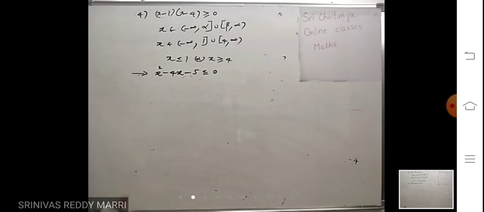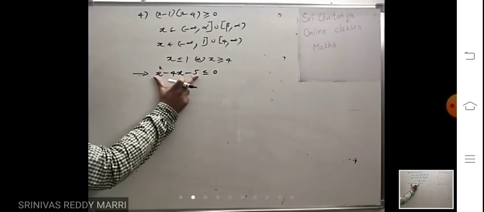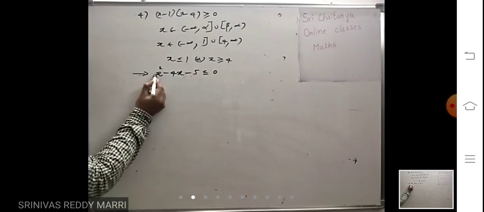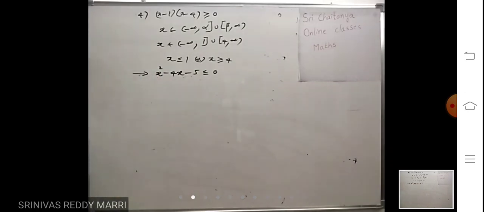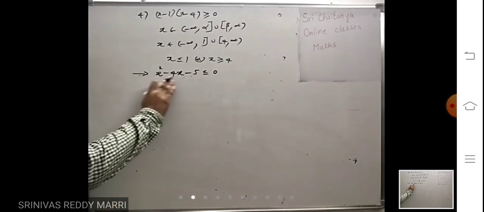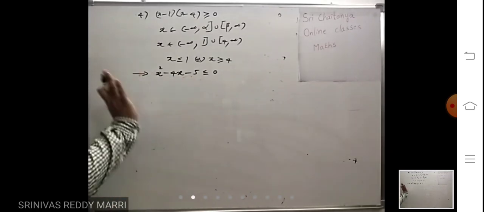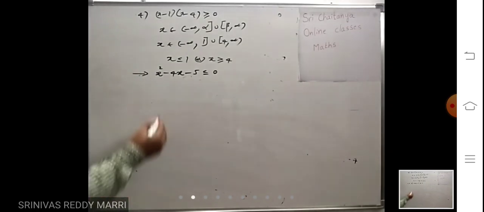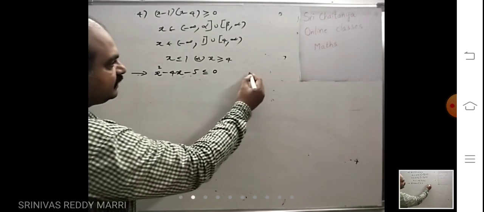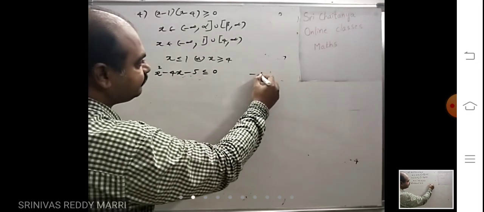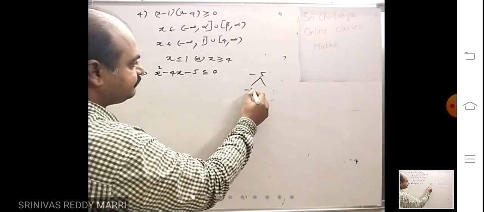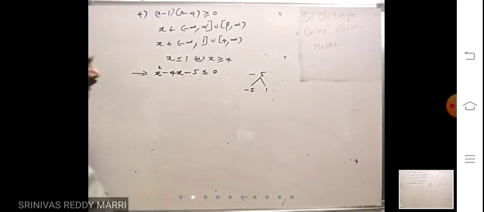So always when it is not in factorized form, first coefficient of x square is there, that must be positive, right? When it is not in factorized form, coefficient of x square always must be positive. It is positive only, right? Now factorize. Now factorize means what is that? 1 into minus 5 minus 4 you have to get, right? This is minus 5, 1, right?